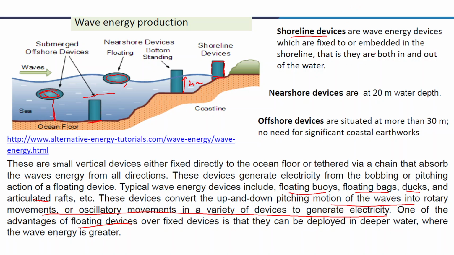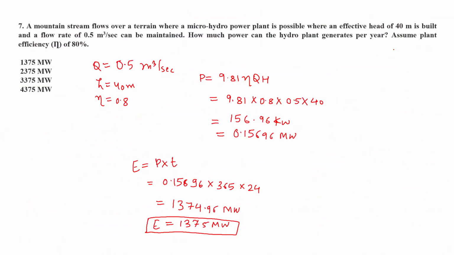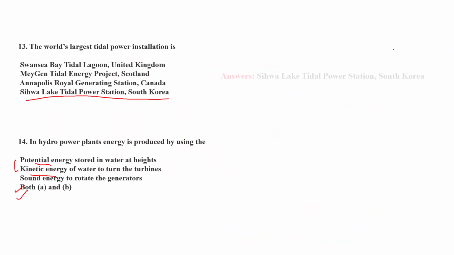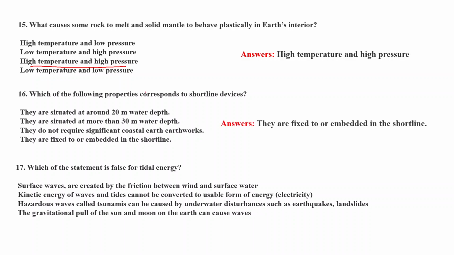So it is basically both fixed or embedded, that is, they are both in and out of the water. They are fixed to or embedded in the shoreline. I guess this is shore.